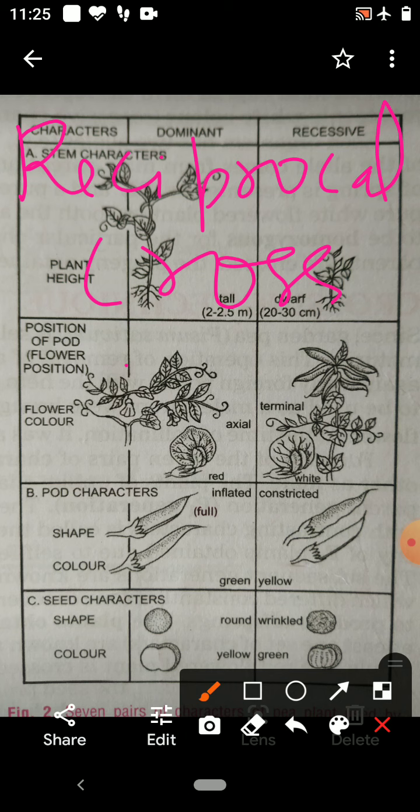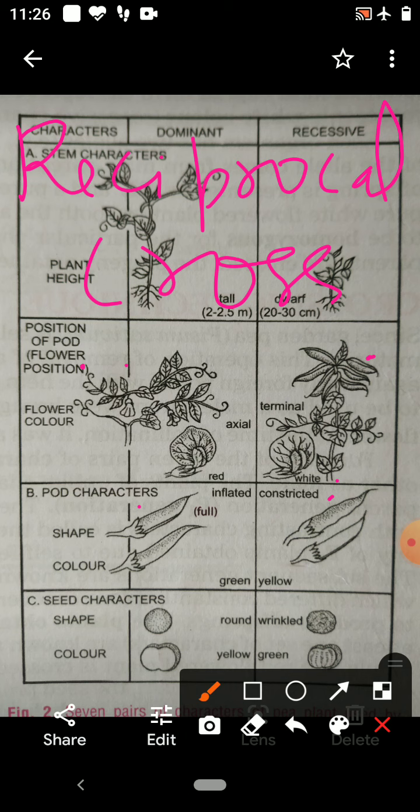I told there are two cross breeding experiments. In the first, tall plants are male and dwarf plants are female. It means pollen grains from the anther of tall are transferred to the stigma of dwarf. But in the second cross breeding experiment, the tall plant becomes female and the dwarf plant becomes male. It means pollen grains from the anther of dwarf are transferred to the stigma of tall plant.